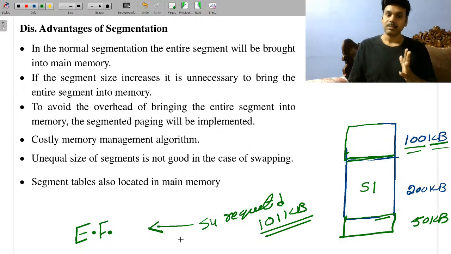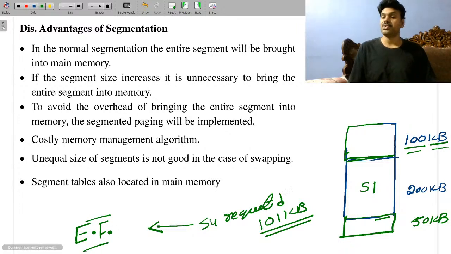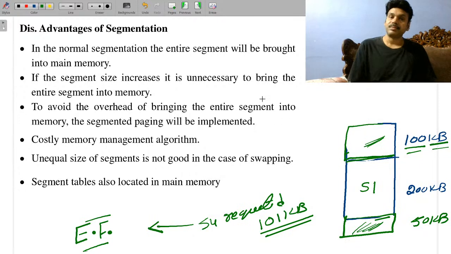So I said paging is going to suffer from internal fragmentation, and segmentation is going to suffer from external fragmentation. I cannot accommodate into this and I cannot accommodate into this. Therefore, it is a concept called external fragmentation. This is the second drawback. One is that swap ins and swap outs are not that easy because of variable sizes.